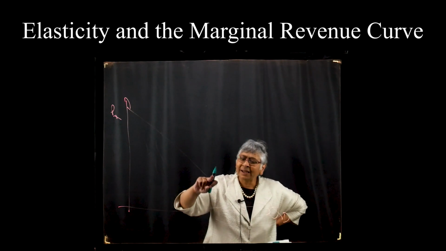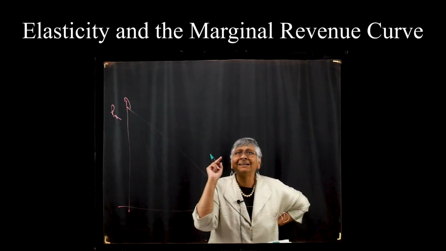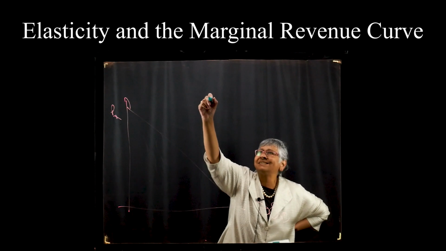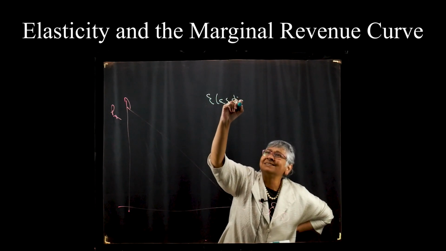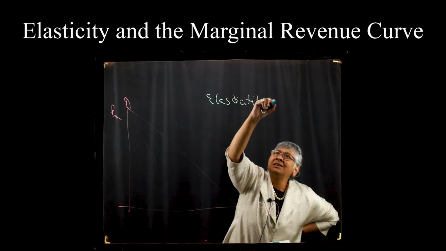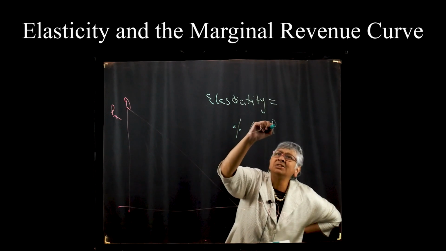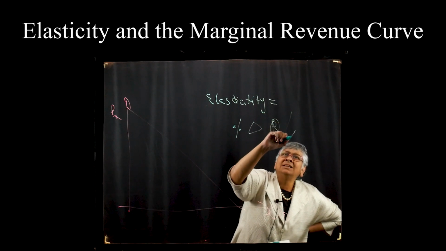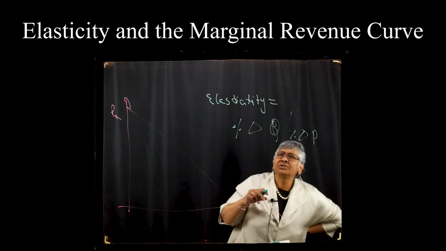Let's look at a straight line demand curve, and we're going to go back to the concept of elasticity. Elasticity, to remind you, was equal to percentage change in quantity divided by percentage change in price.